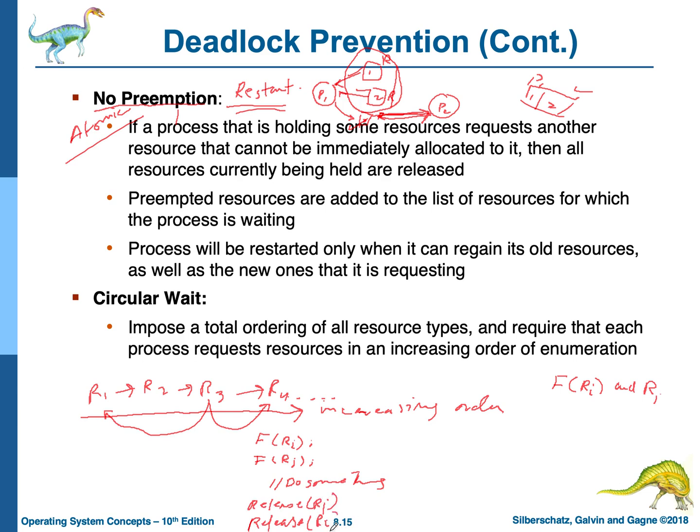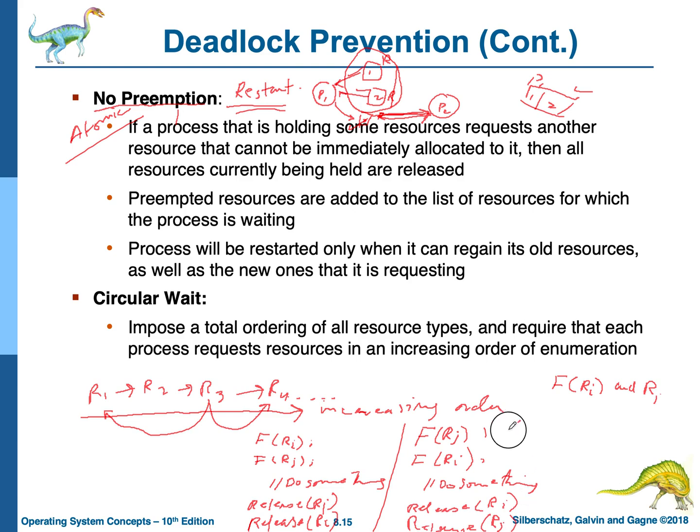Okay, and on the other hand, if a function requests Rj and function Ri, do something, release Ri and release Rj.